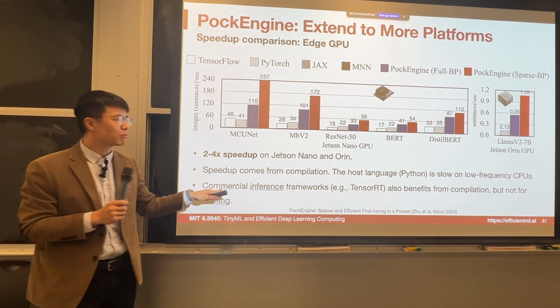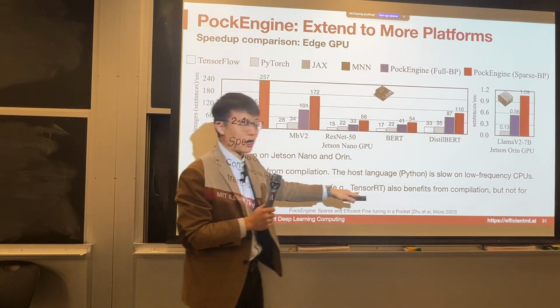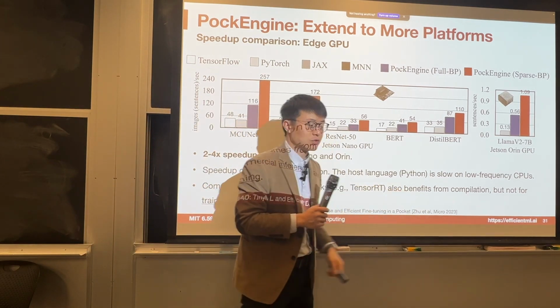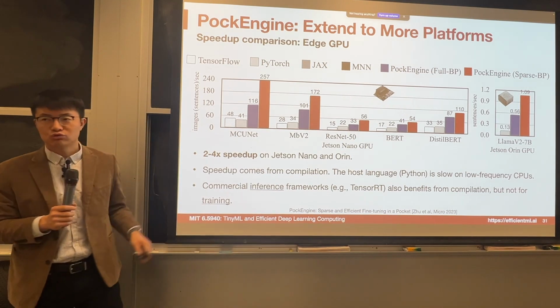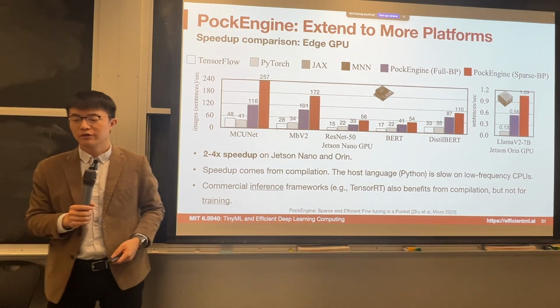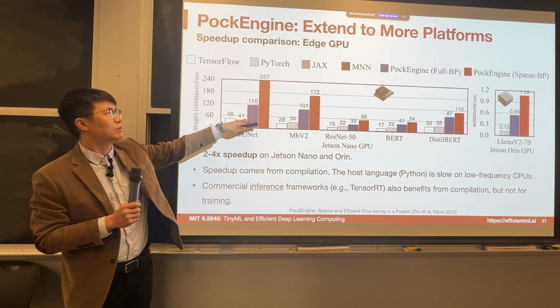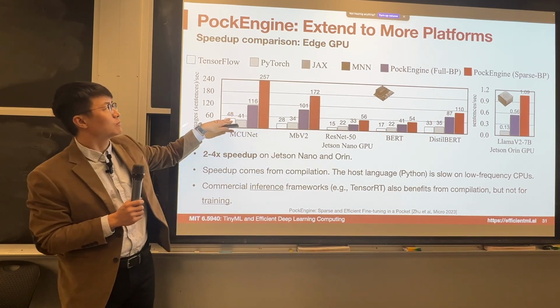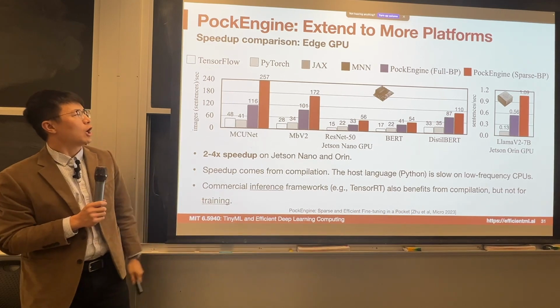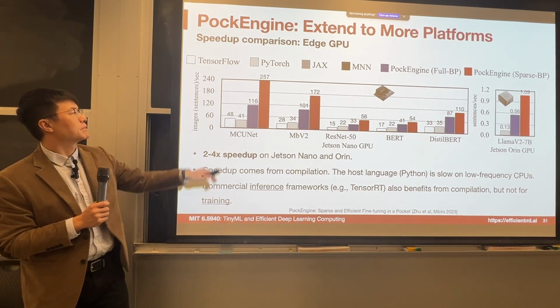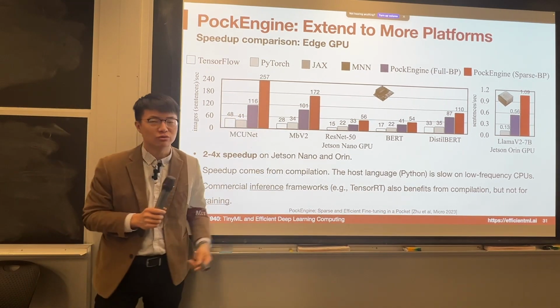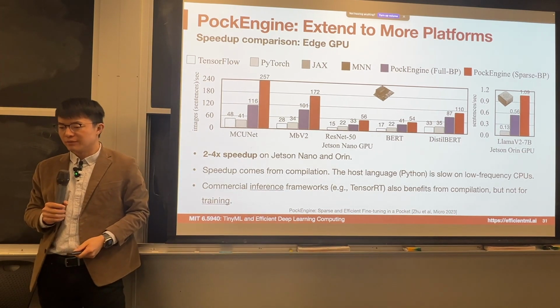And these commercial inference frameworks, such as TensorRT, also benefit from compilation, but not for training. They use the compilation for inference, but now we apply that to training and also achieved pretty significant speedup compared with PyTorch, like 40, 50 images per second. We can push it to more than 250 images per second.